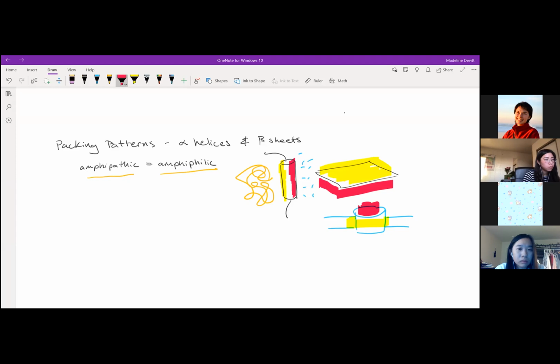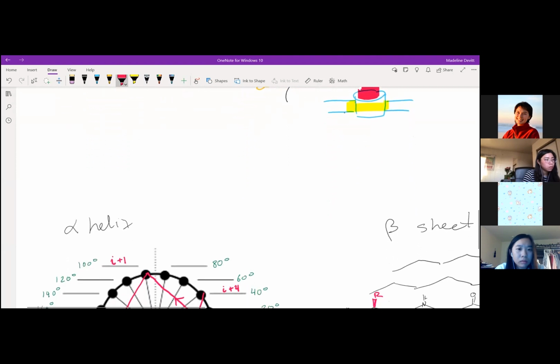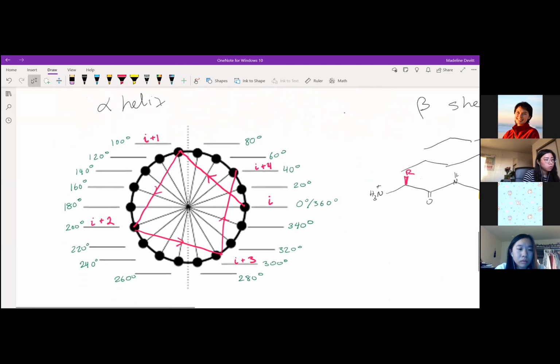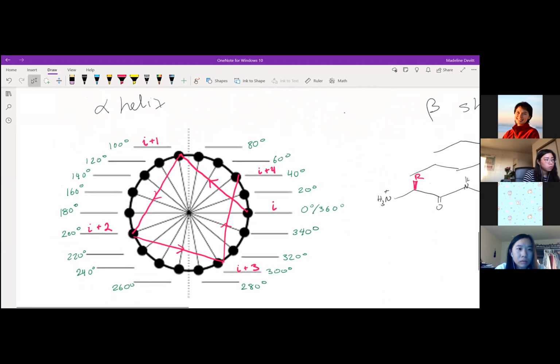Now we can discuss the structure of this amphipathicity in an alpha helix. We saw this helical wheel introduced to us. Because an alpha helix has 3.6 residues per turn, we deduce that there are 100 degrees between each residue.